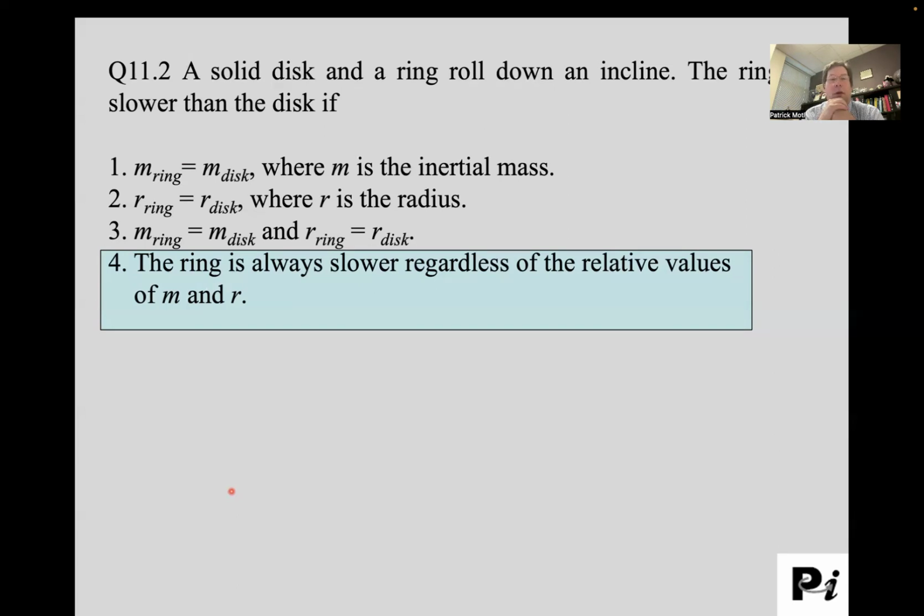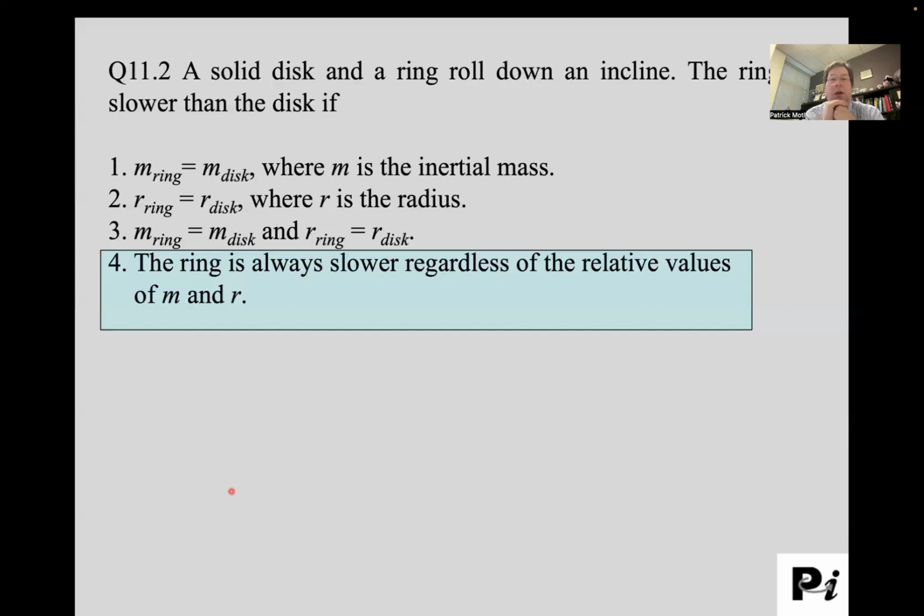So in terms of the angular speed, it's going to be the linear speed divided by radius. That radius precisely cancels out the powers of the radius in the rotational inertia. So both mass and radius cancel out.